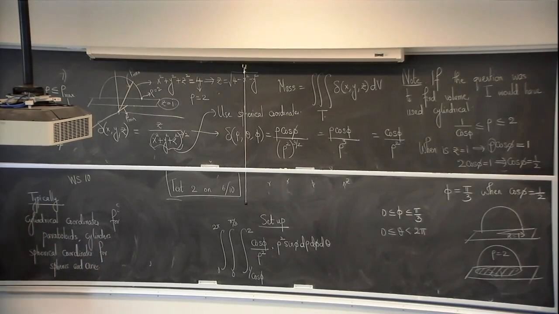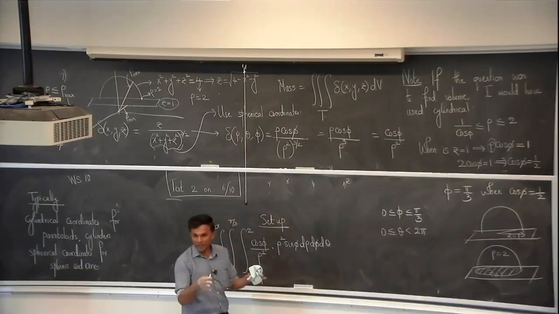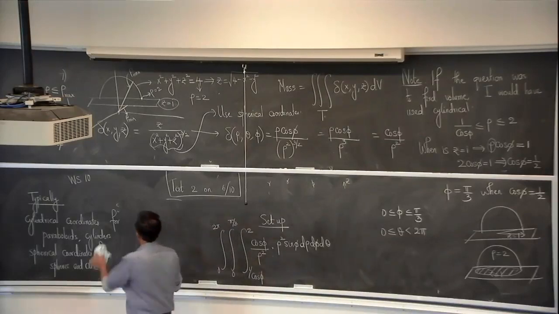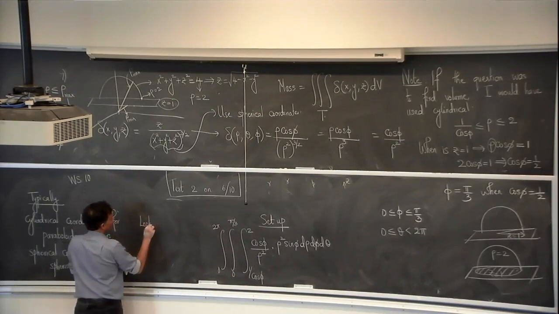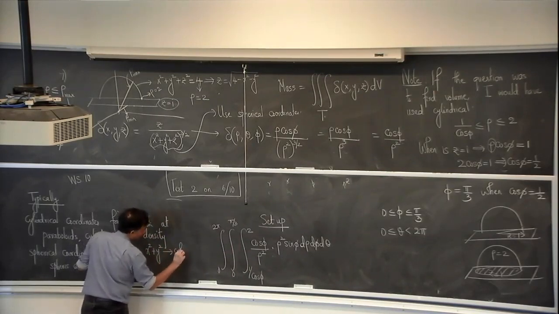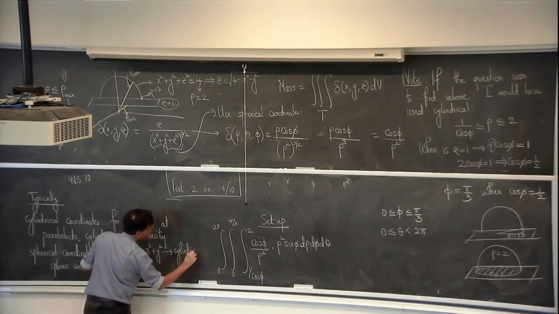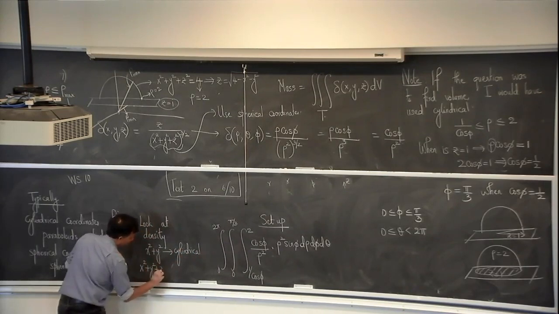If the density has a term that is looking easier in terms of one or the other, always go for that one. Okay. So look at the density term. If it looks like x squared plus y squared, go for cylindrical. X squared plus y squared plus z squared, go for spherical.